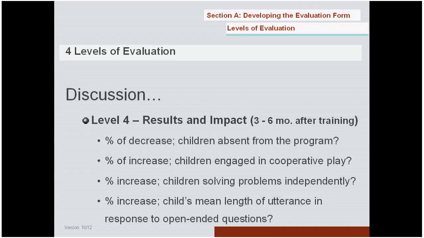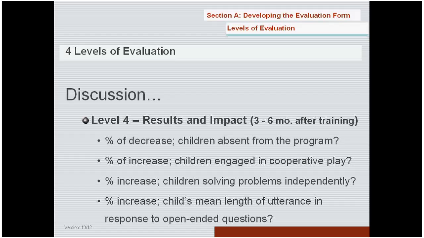You would want to ask this, and here are some examples of what you'd measure. Are the children healthier or missing fewer days due to less illness based on some training that you did? Are the children engaged in cooperative play at an increased percentage? What is the percent increase in children solving their own problems more independently?